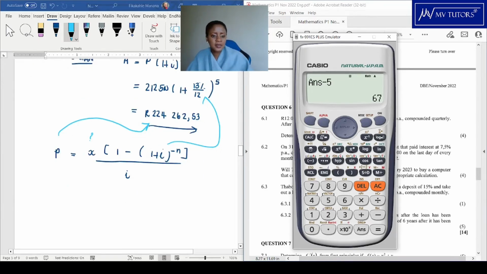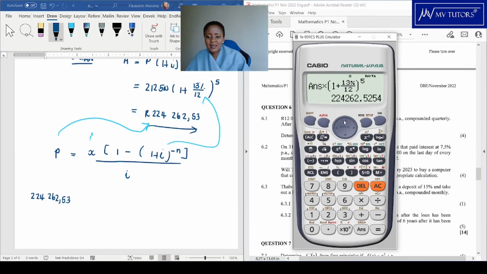And then now let's just put in the missing values. So you have 224,262 rands and 53 cents. Did I just remove my answer? Okay, there it is. Let's just write down the full answer, so that our answer at the end is not watered down.